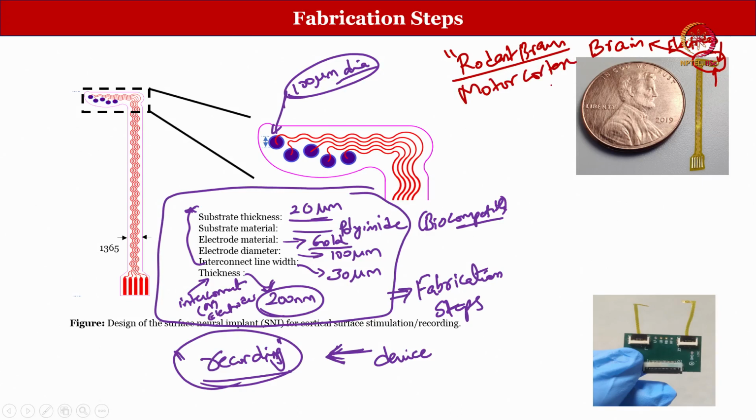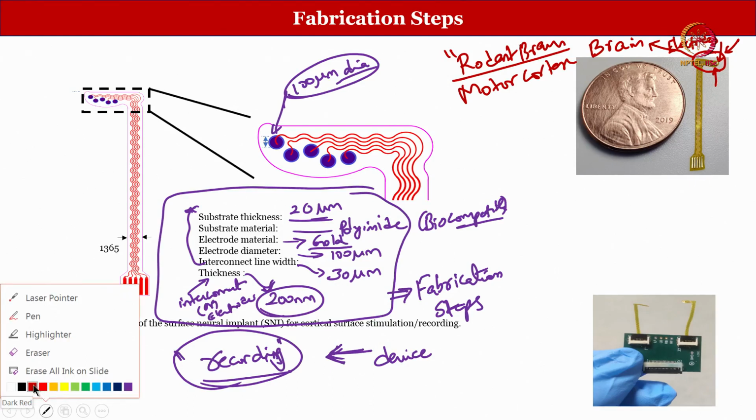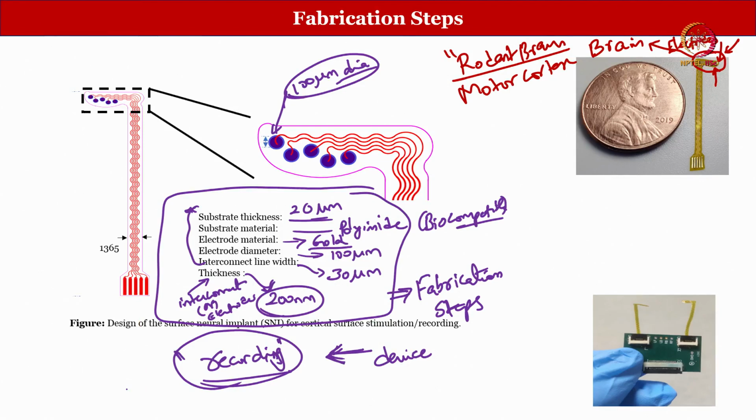That is this part, encircled with dark red. Then what about the other side? This side will go to the EIB. EIB stands for electrode interface board.